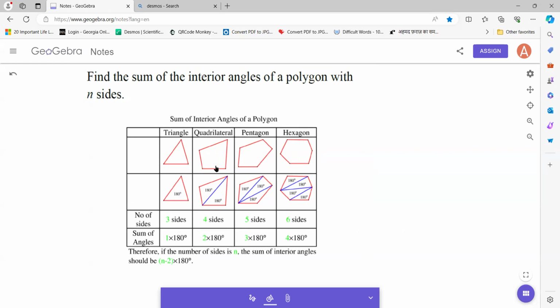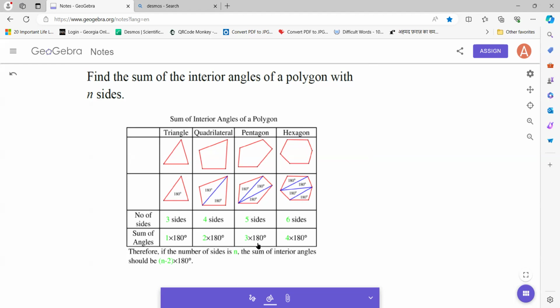If you have a quadrilateral, you can cut it up into two triangles, and the angles of the two triangles are really the four angles of the quadrilateral, and they better add up to 2 times 180 degrees. If you have a pentagon, you can cut it up into three triangles, and the angles of these three triangles together form the five angles of the pentagon.